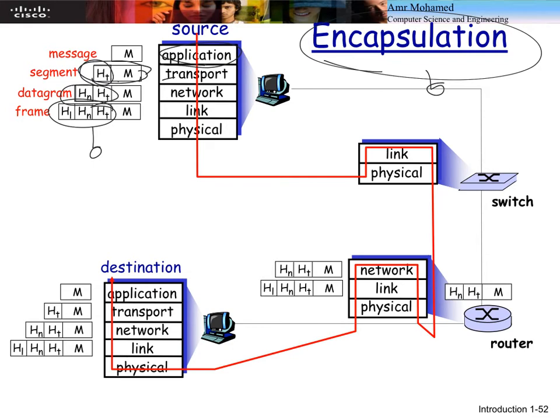For example, when you go up from the routing layer to the transport layer, what tells me that this is TCP or UDP?